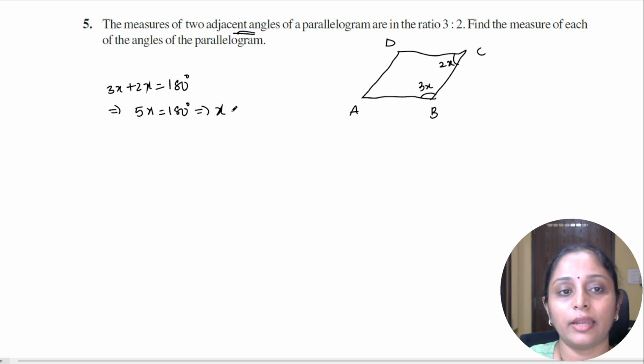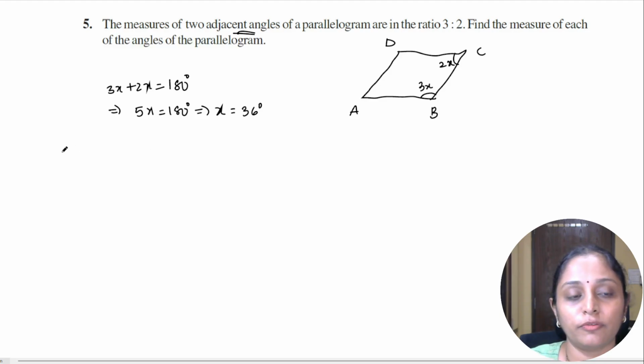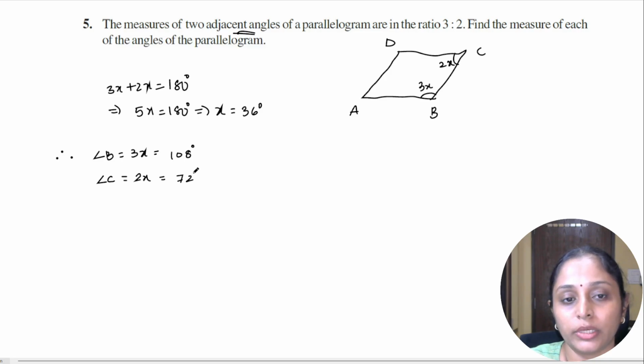From this I get the value of x. 180 divided by 5 is 36 degrees, right? So this is the value of x. From that I'm going to find out the angles. Angle B is equal to 3x, which is 3 into 36, which gives me 108 degrees, and angle C is equal to 2x, which is 2 into 36, which is 72 degrees.